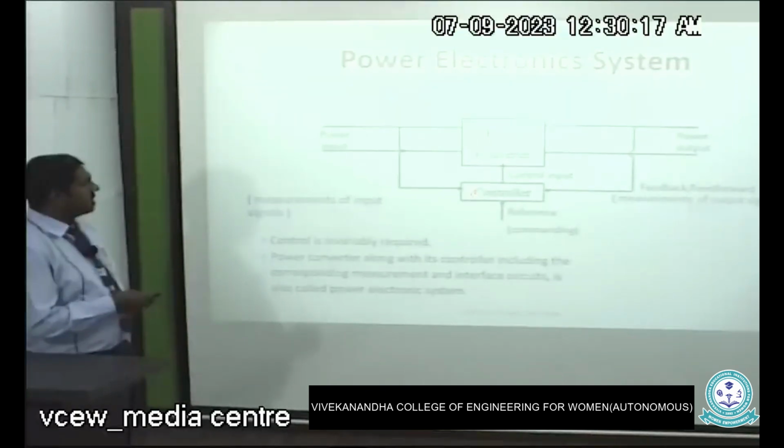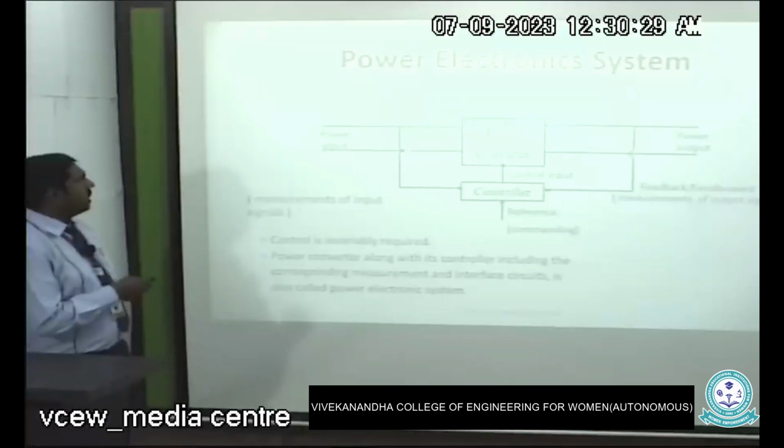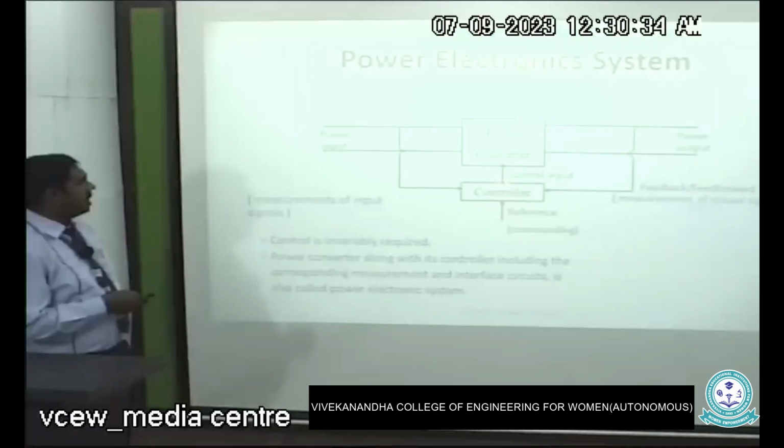Then there is the controller. As I already mentioned, power electronics means conversion and control of electrical power. The converter is used for conversion and the controller is used for control.